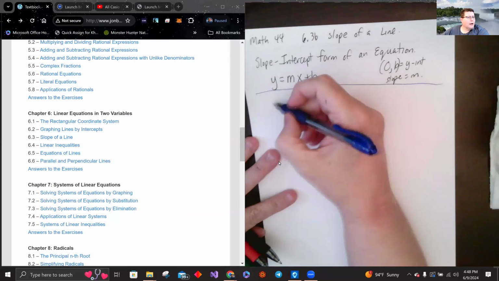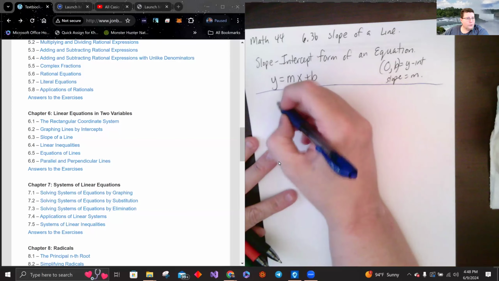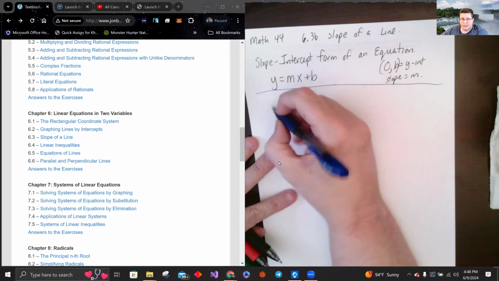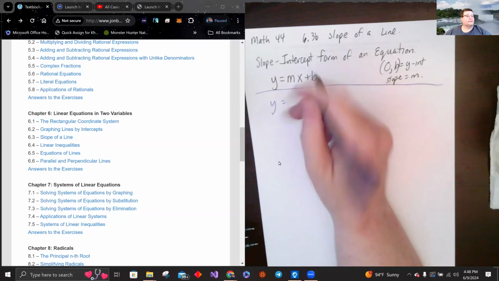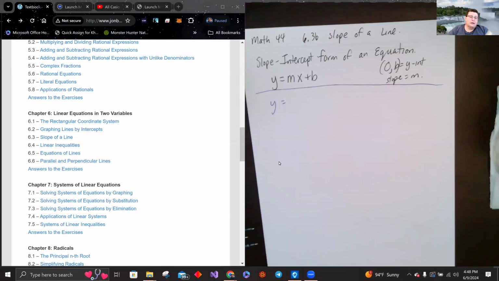So let's start off with y equals 3x minus 2. I think this is one of the ones we did the other day. No, we did y equals 3x plus 2.